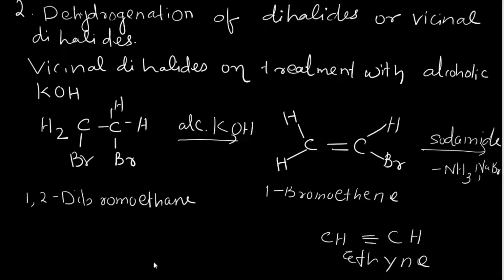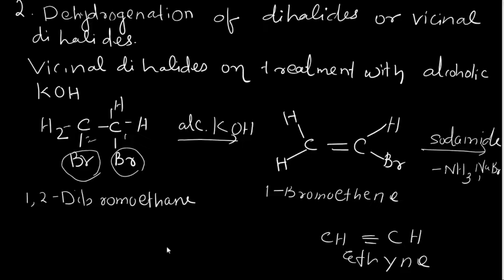In vicinal dihalide, the important example is 1,2-dibromoethane. Dibromoethane means two bromines in ethane, one bromine at position 1 and the other at position 2.